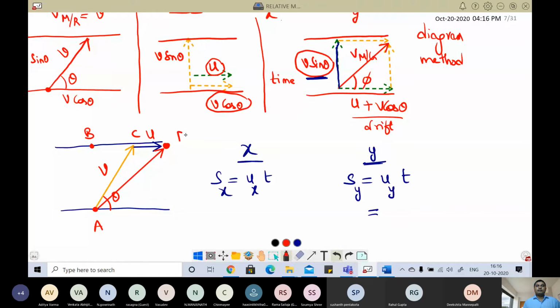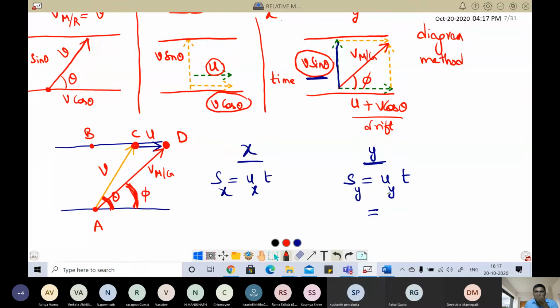He will reach point D, not point C. The angle made by this one with the river flow is called phi. There is a difference between this angle theta and this angle phi. Theta is the angle made by the man's effort with the river flow. Phi is the angle made by the velocity of man with respect to ground with the river flow. Did you understand? Yes, sir. Thank you, sir.